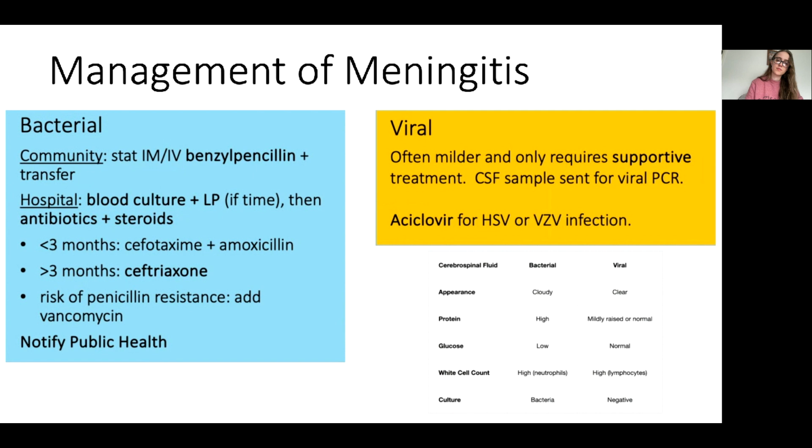If someone has been in prolonged close contact with someone that has meningococcal infection in the 7 days before they got ill, it's important to give them post-exposure prophylaxis, which is usually a single dose of ciprofloxacin. And like I said, the neonates are likely to have group B strep, which is why we add in the amoxicillin. That was why that was the correct answer for this question.